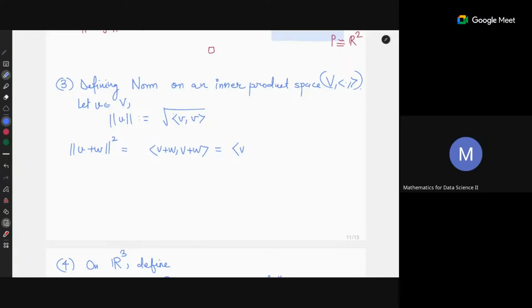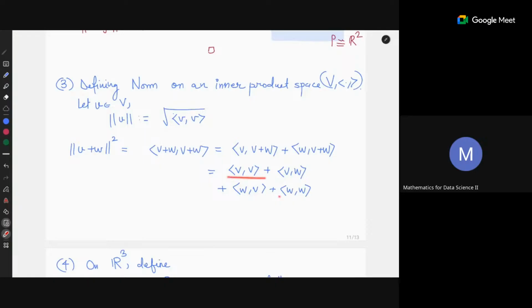So we'll get the inner product of v plus w with v plus w, and then, because in the second coordinate also it is linear, we expand.